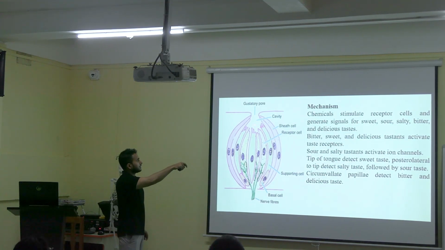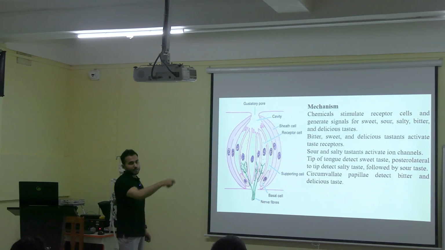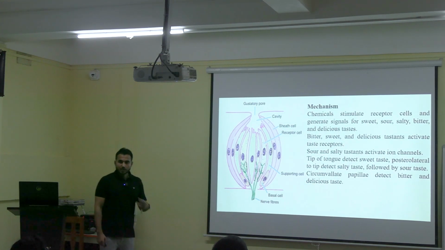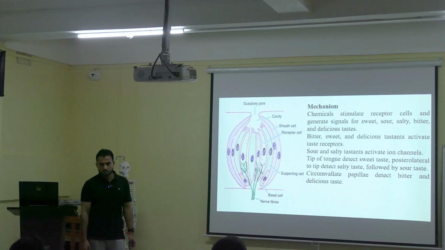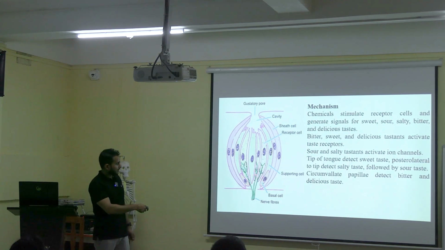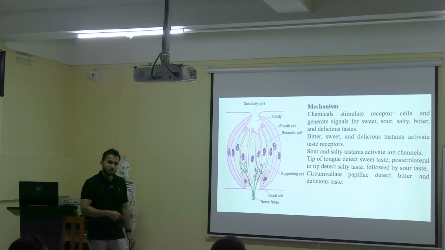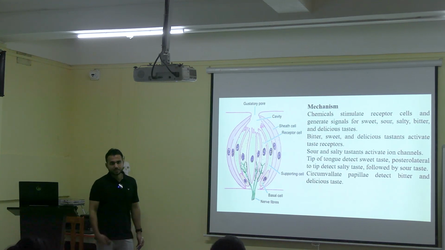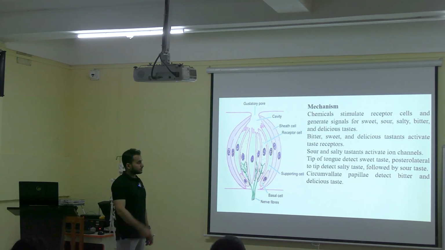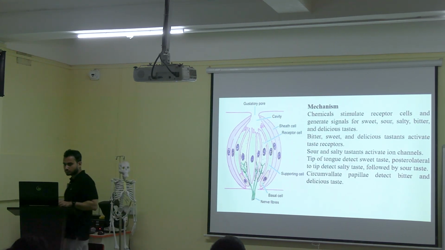Once the food material reaches this particular area, they have microvilli, so a potential difference is generated. Now that potential difference is carried through these nerve fibers, and this will go to the brain for further processing, and then the taste perception will be felt. That is the mechanism of how the taste bud functions.